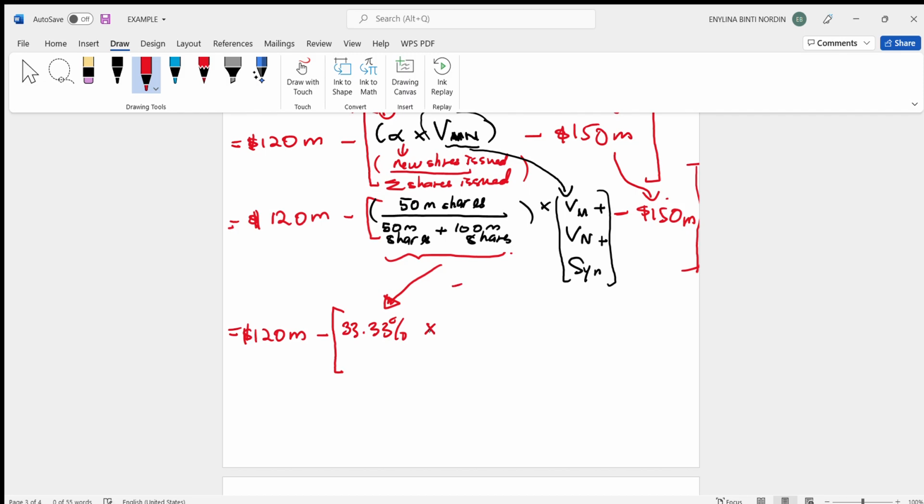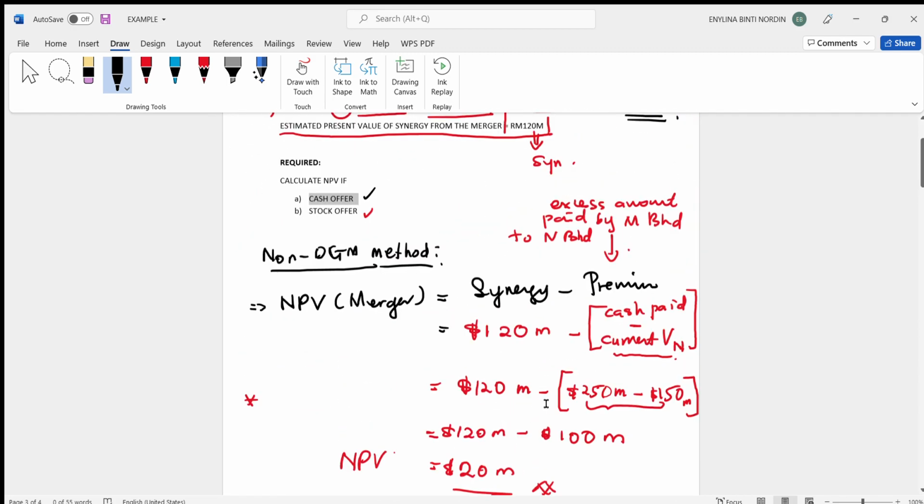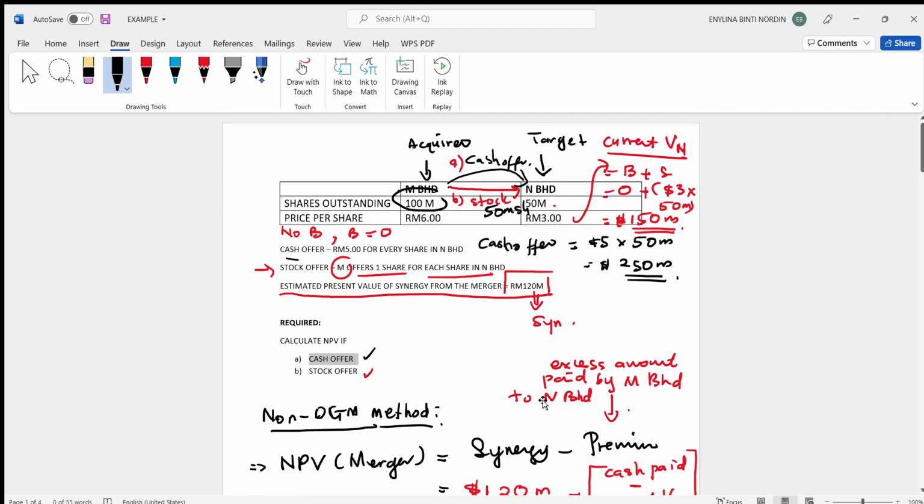Value of M. So what is value of M? Okay, this one, 33.33%, and multiply by the value of the combined firm. Alright, so what is the value of M? We already calculated actually, so this is the one.